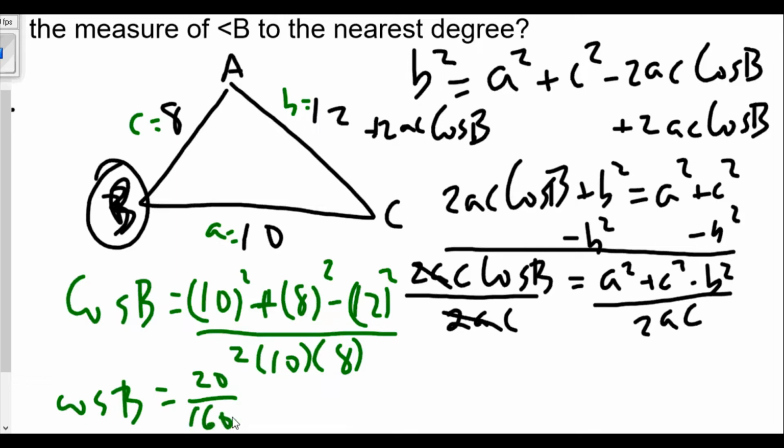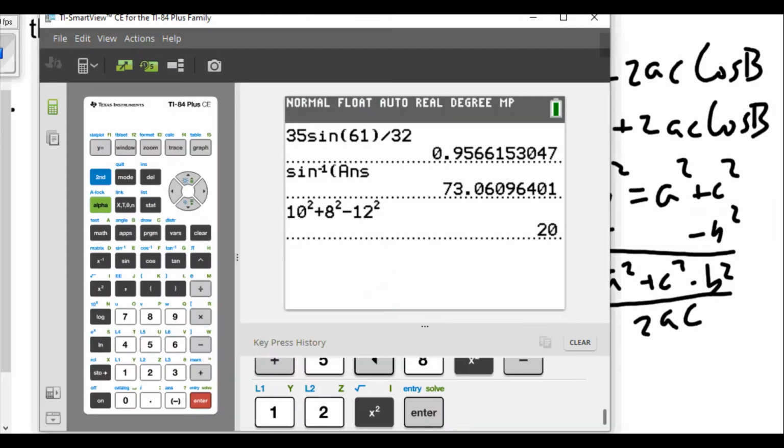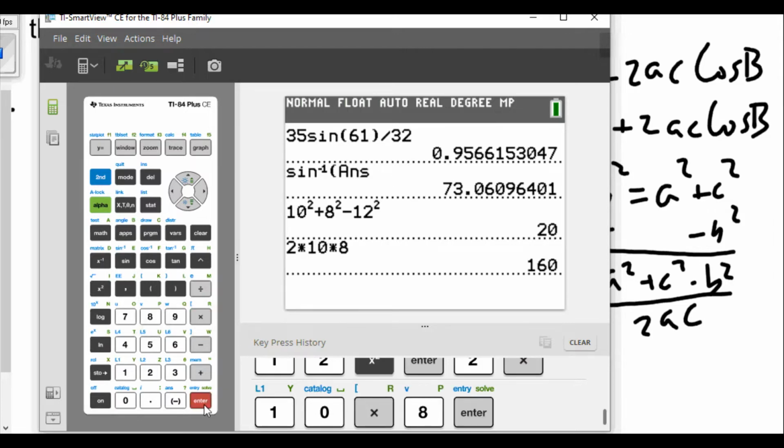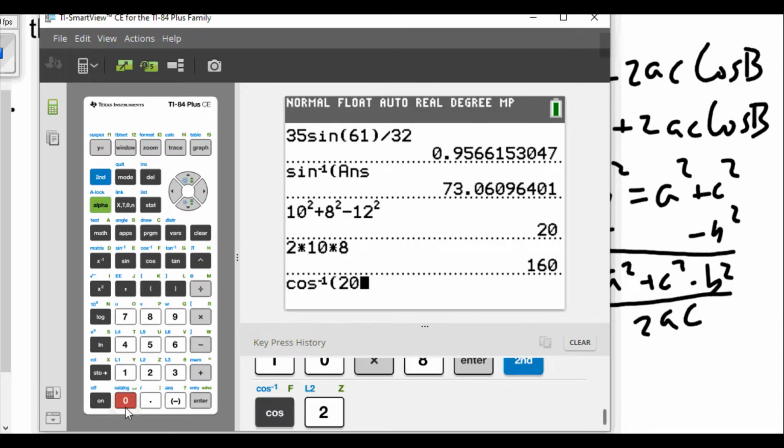Just to make sure, 2 times 10 times 8 equals 160. So now what we want to do is take the inverse cosine of 20 over 160.